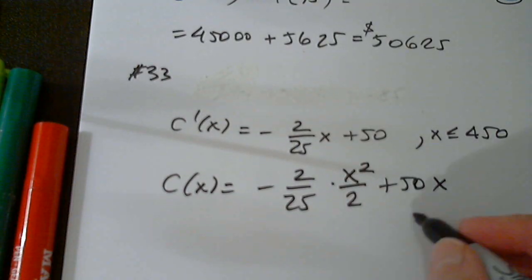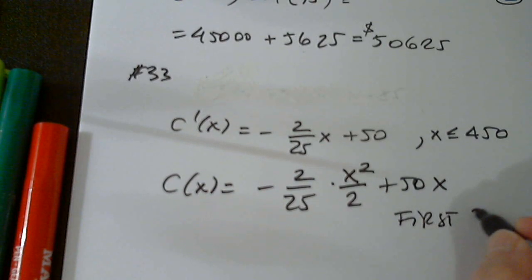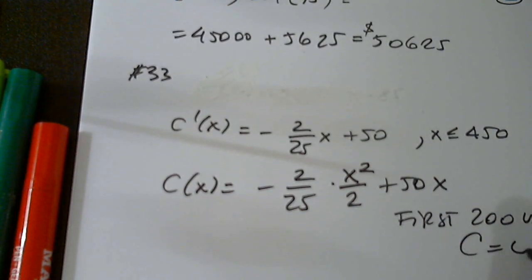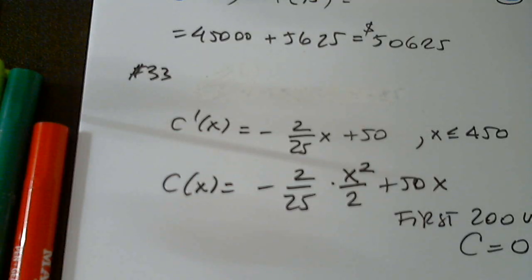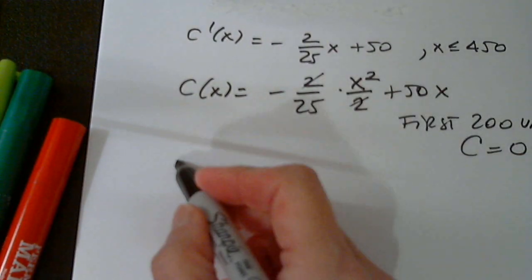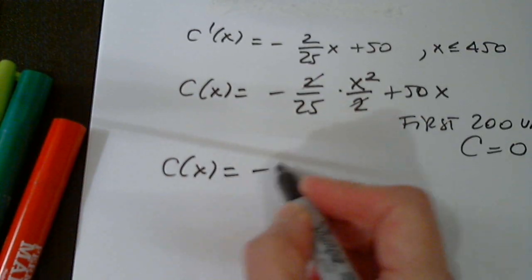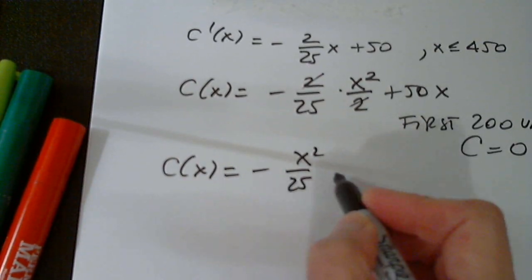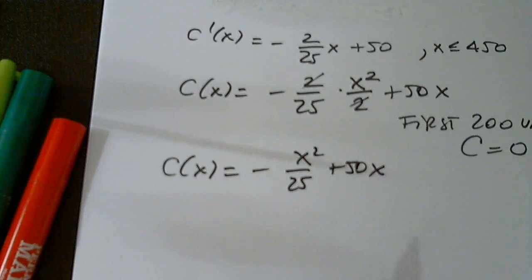Because we are looking at the first 200 units, it means that C is 0. So I'll simplify a little bit. Then C of x equals negative x squared over 25 plus 50x.